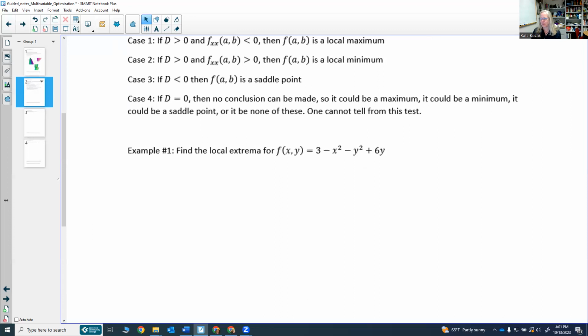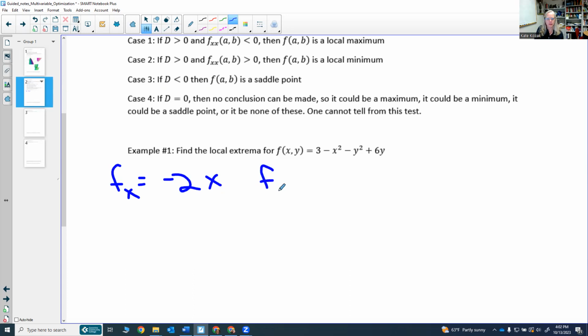So let's take an example. Let's find the local extrema for f(x,y) = 3 minus x squared minus y squared plus 6y. First, find the partial derivatives with respect to x and y. The partial derivative with respect to x is going to equal minus 2x.